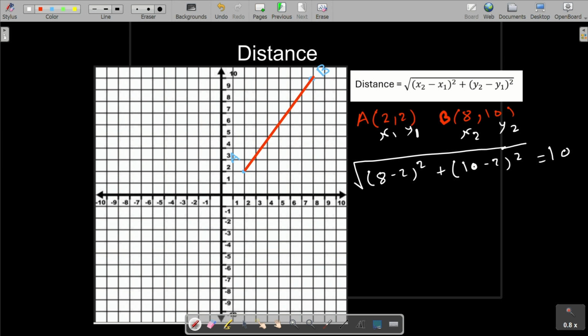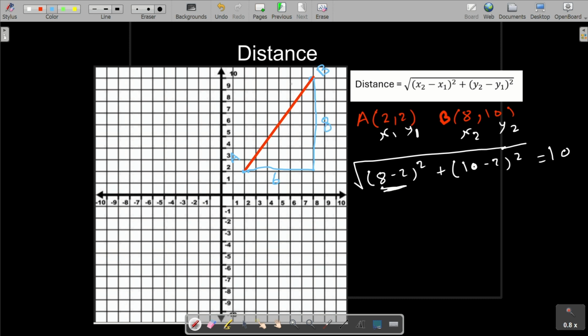You have to understand something about that. This is exactly the same as Pythagoras, because when you get x2 minus x1, you get the horizontal difference. You get this distance here, like this, till this point, which is 6 squares, and you also get this distance up here, which if you count it is going to be 8 squares.